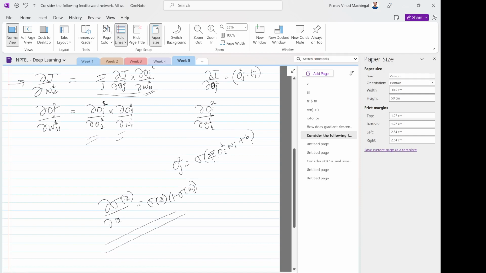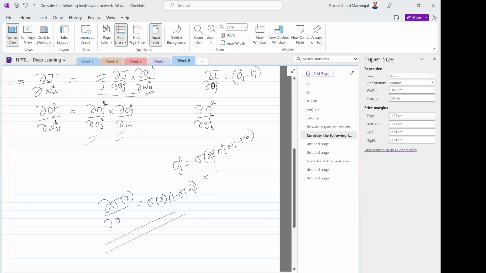So we have this summation of O1i Wi plus b, and sigma of this is O2j only.